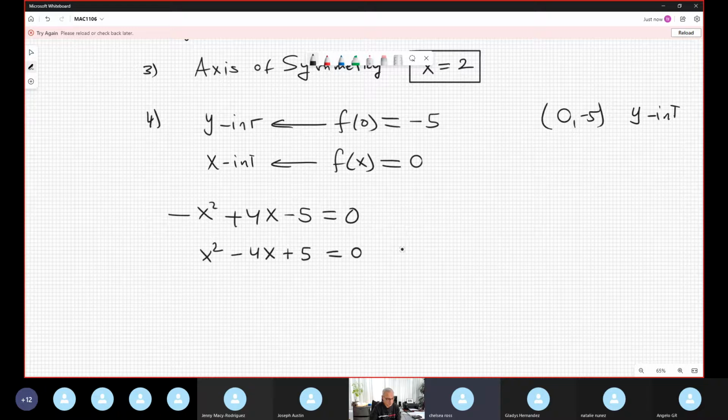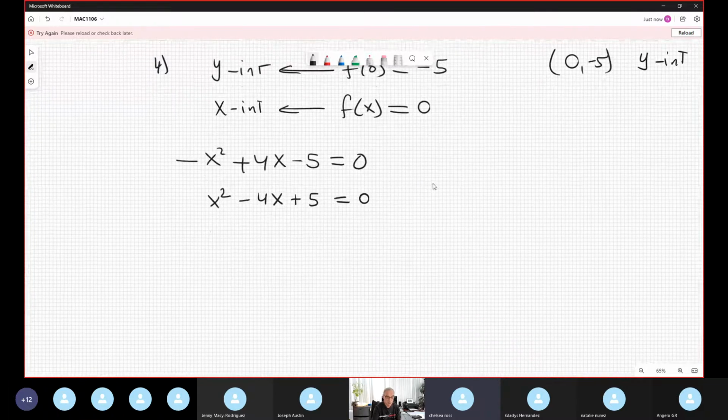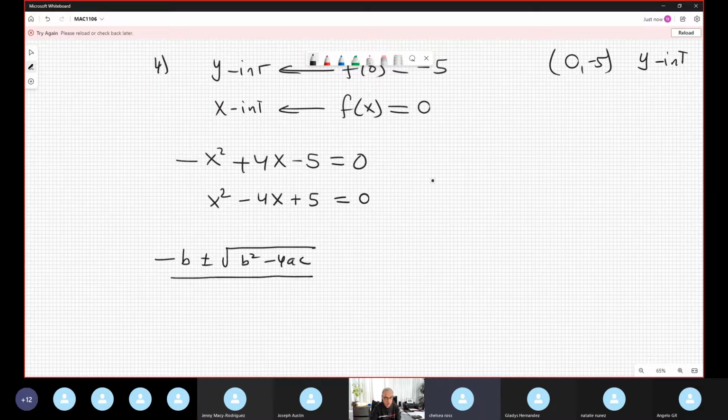I don't know if it's possible by factorization. No, I don't think so. Okay, just in case, to make sure, I recommend 100% using the quadratic formula: negative b plus or minus square root of b squared minus 4ac, divided by 2a. In this case, we can change the sign. a is 1, b is negative 4, and c is 5.